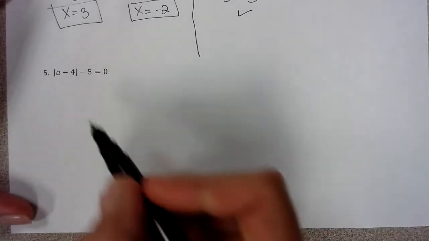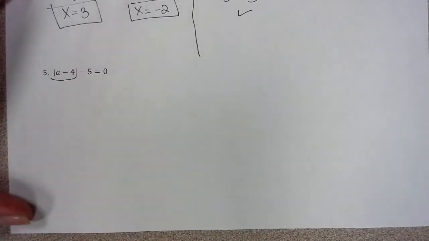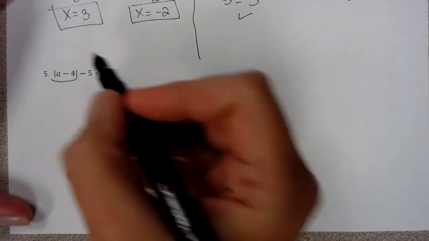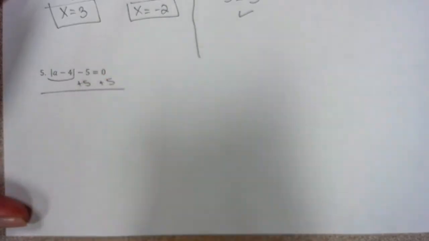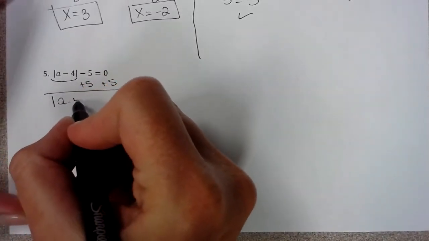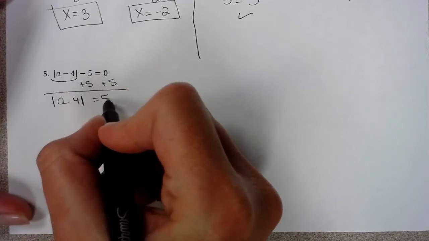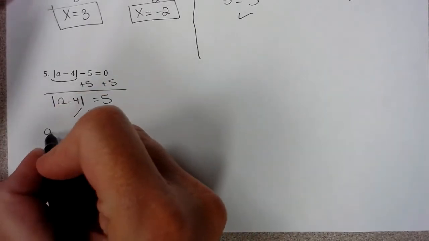Number 5. We have to get the absolute value on one side all by itself. So I'm going to add 5 over to the other side. I have the absolute value of a minus 4 equals 5. Now that it's isolated, I can go on to the next step, which is write two equations.